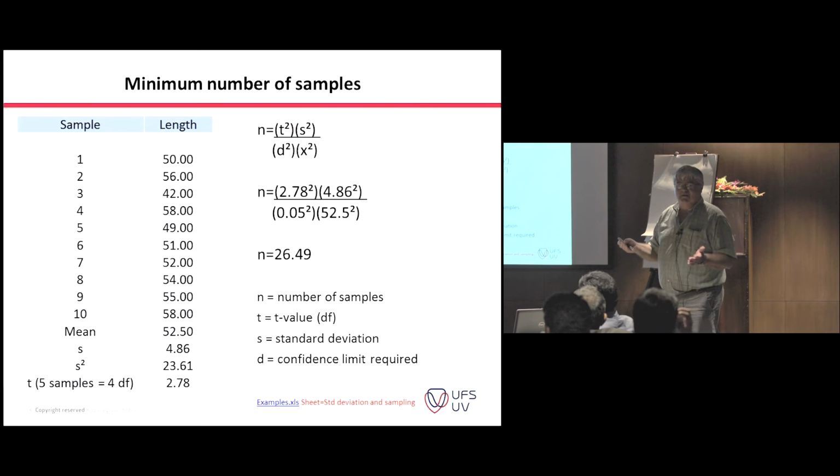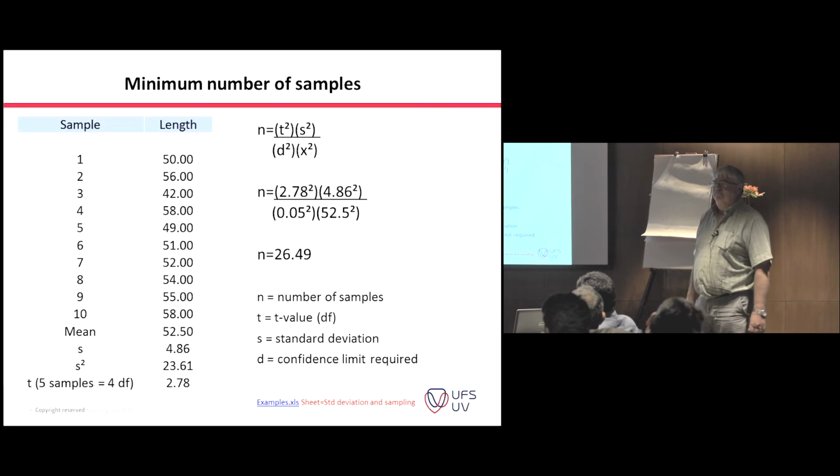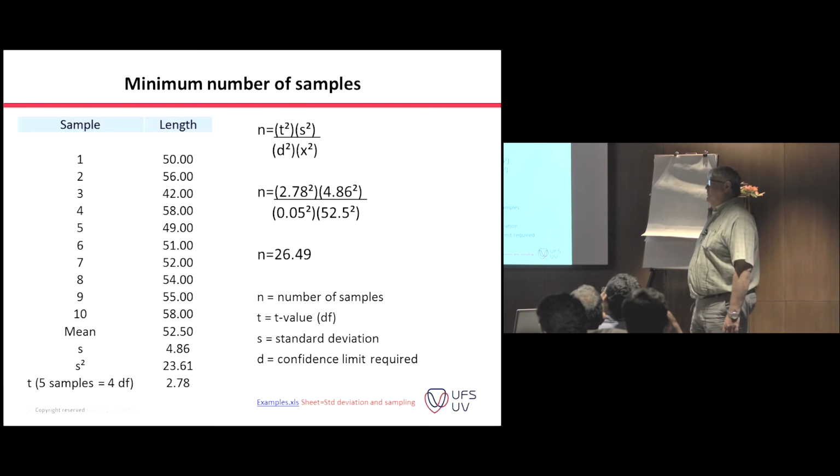Okay. So it's fairly simple. And again, you can see everything is based on the T value, the standard deviation, and the level of accuracy you want. Okay, whether it's a 95% or 0.05 probability or whatever the case may be.